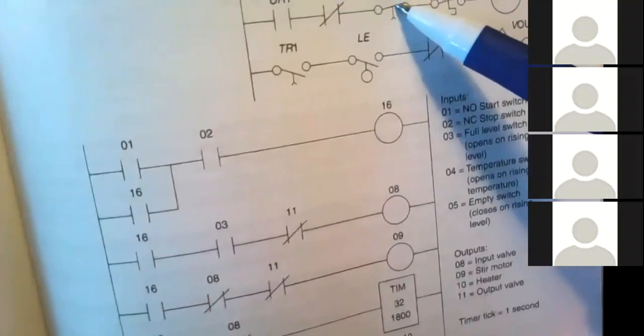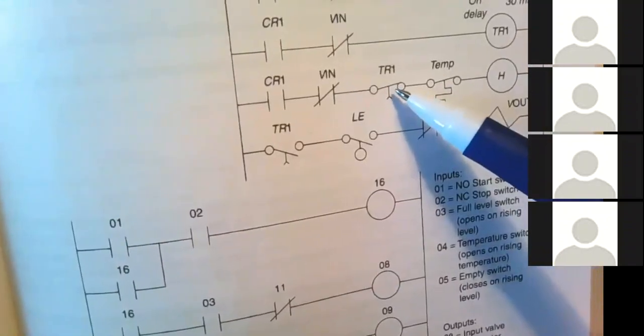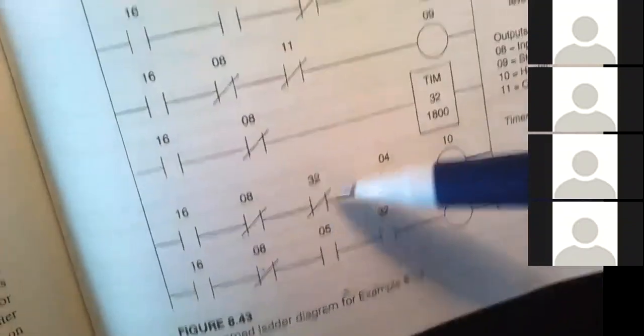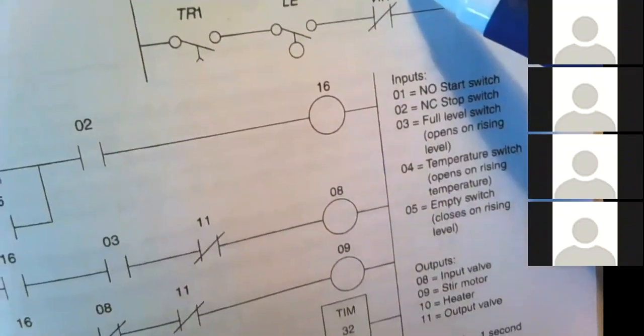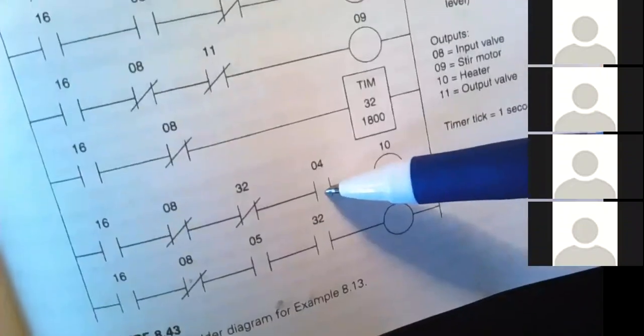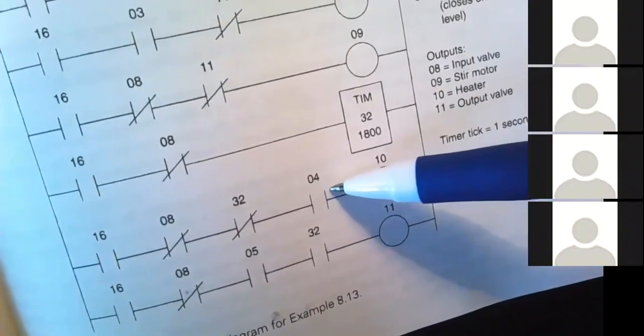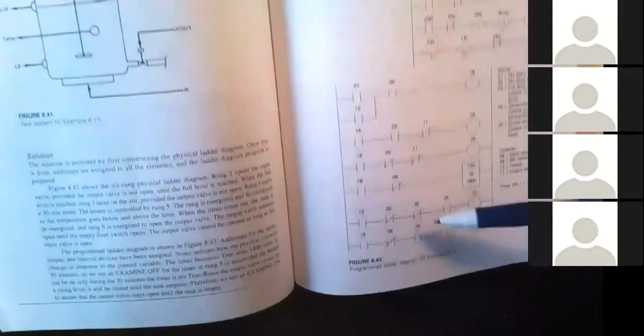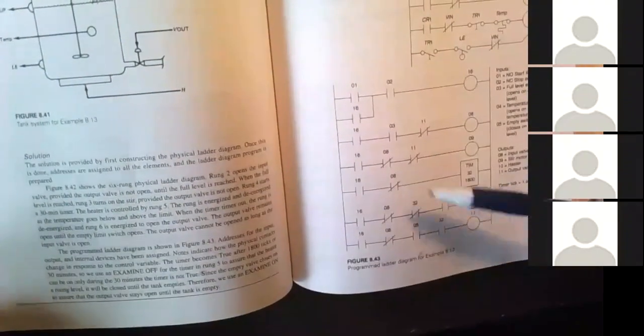How about the sensors? Let's look at the sensor. We have a sensor right here. That's simply called input 32. Sensor, input 32. Temperature sensor, right here, temperature sensor, input 04. So to program a PLC, we actually use a simplified ladder diagram.